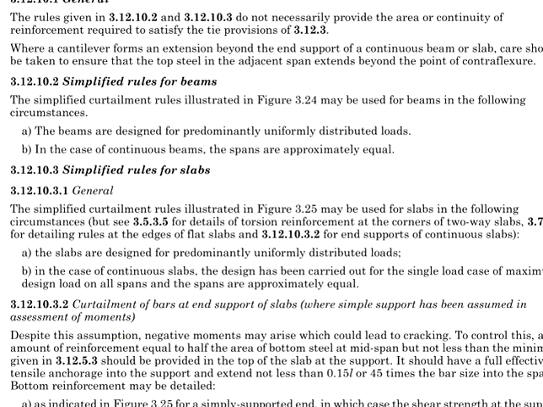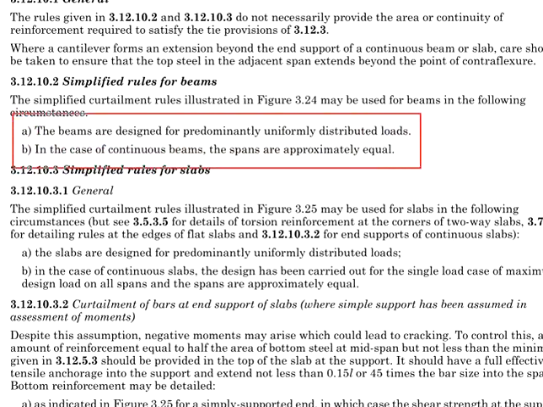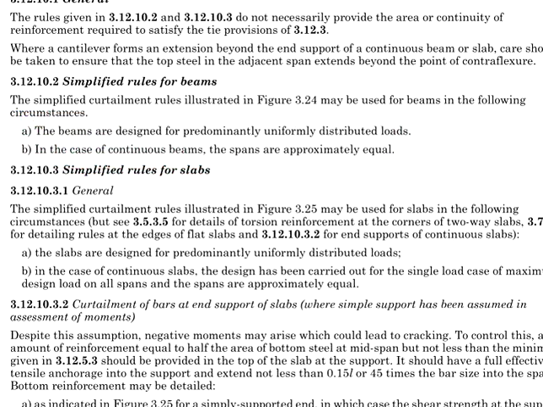Let's now focus on the simplified rules for the beams. You need to be careful if you are using these simplified rules from the British Standard, because in the first place, it must fulfill two conditions. First, the beams are supposed to be designed for predominantly uniformly distributed load.